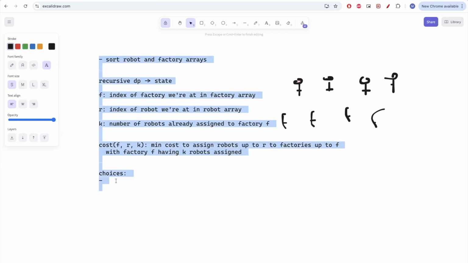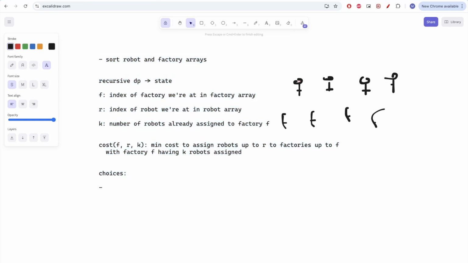So here, we can either robot R skips factory F, or robot R is assigned to factory F. Now this is only possible if factory F still has capacity.